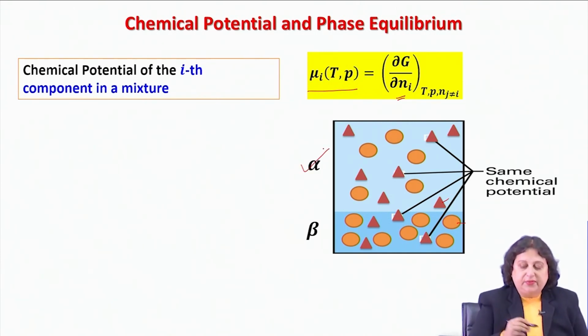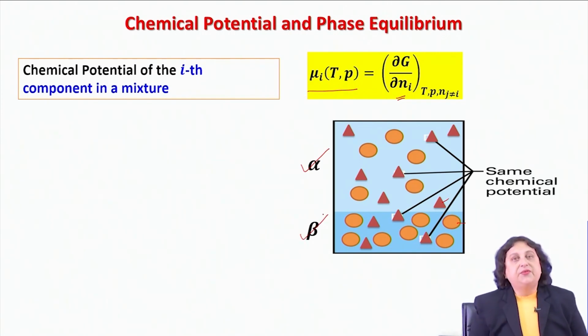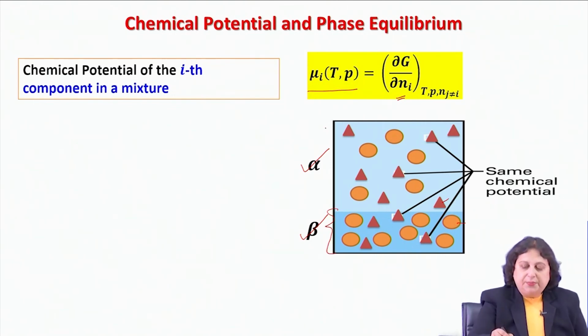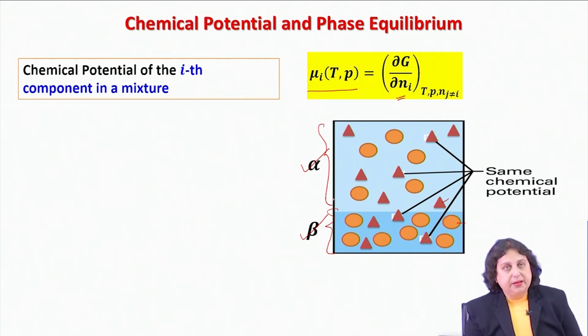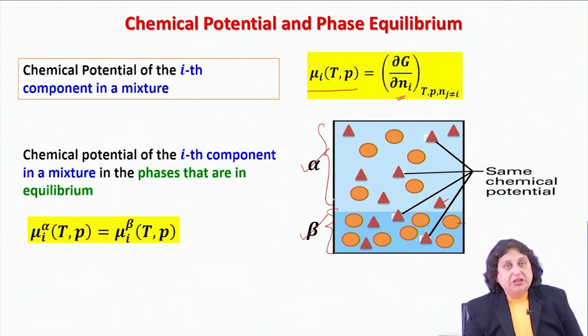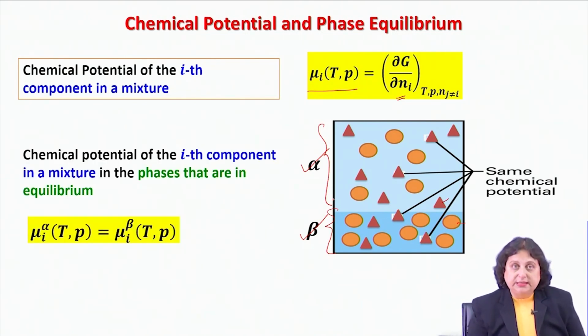One is the phase alpha, another is the phase beta. The lower portion of this box contains the phase beta and the upper portion of this box contains the phase alpha. Then the chemical potential of the ith component in this mixture must obey the following relationship.